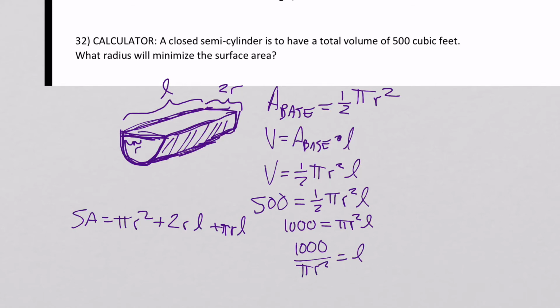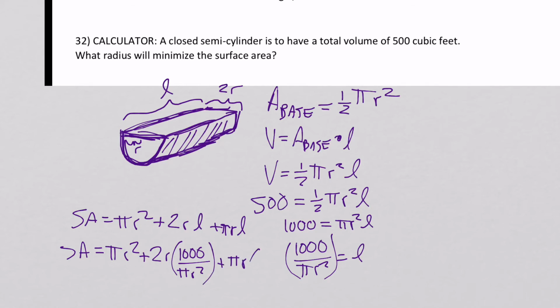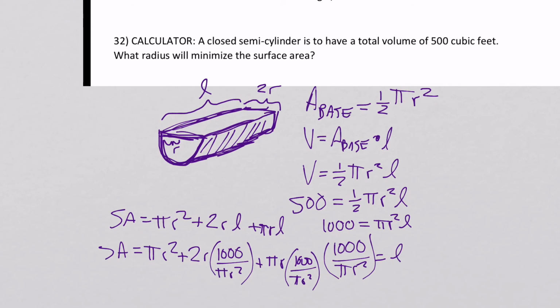I'm going to substitute that everywhere I see an L. So surface area will equal pi r squared plus 2r times my expression for L, which is 1,000 over pi r squared, plus pi r times L again, which again is 1,000 over pi r squared.